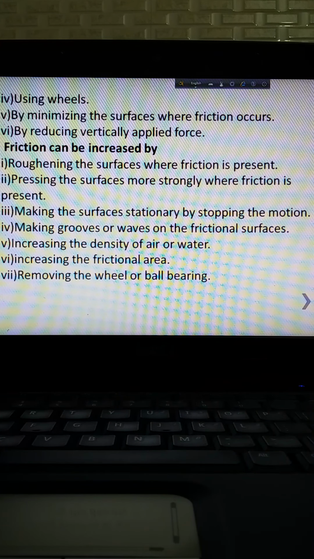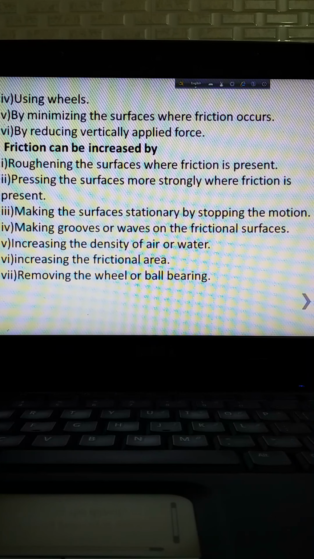As much force as is applied on an object, there will be that much resistive force. If we reduce vertically applied force, the opposite reaction force will be reduced as well, and that reaction force is frictional force. So by reducing vertically applied force, we can reduce the friction as well.